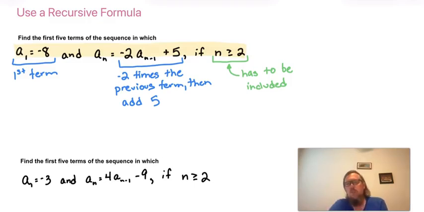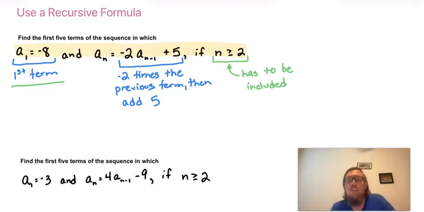The reason why is because we're given the first term in the sequence. That's what this a sub 1 means, that's the first term. So greater than or equal to 2 just means we use the recursive formula, -2 times a sub n minus 1 plus 5, for every term after the first one. So you have to include that when you write the formula, but all it means is don't use this for the first term, use it for all the rest of them.